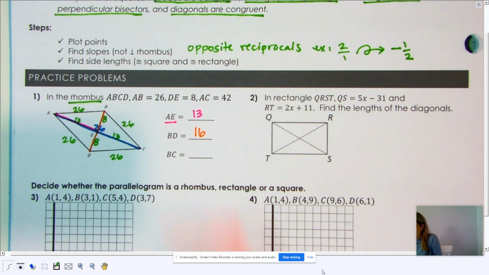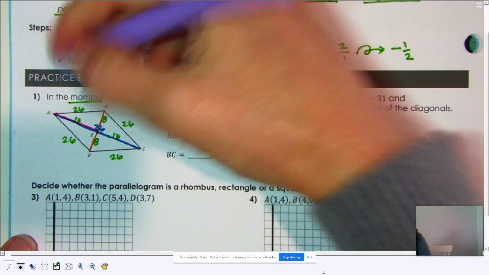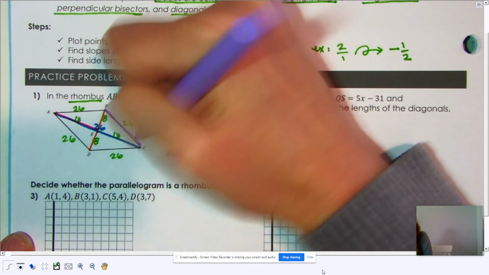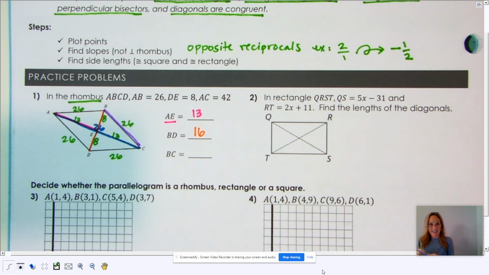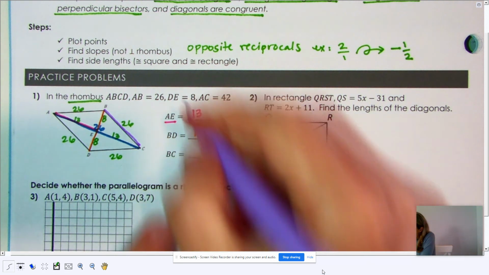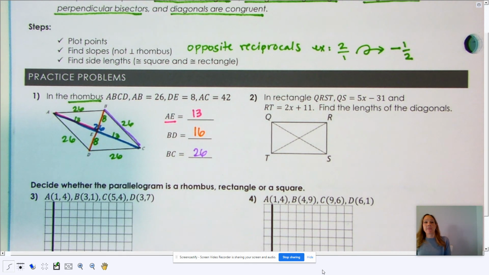And then from B to C, I know is 26. Okay, so pretty easy, right?